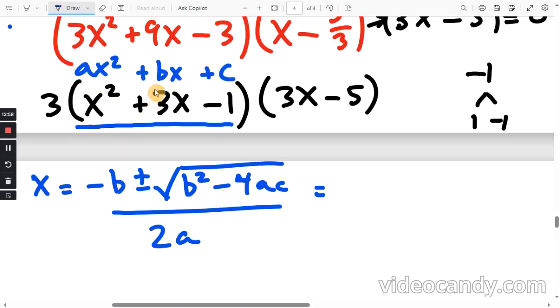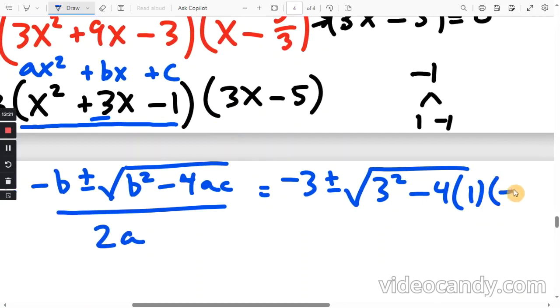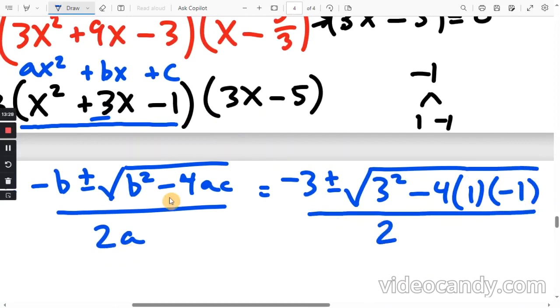So negative b is going to be negative 3 plus or minus radical b squared, so that's going to be 3 squared, minus 4ac, so minus 4 times a, which is just 1, times c, which is negative 1. And that whole thing is divided by 2 times a. And a is just 1 right here. So it's just 2 times 1.